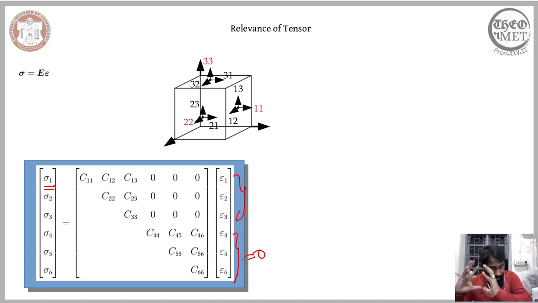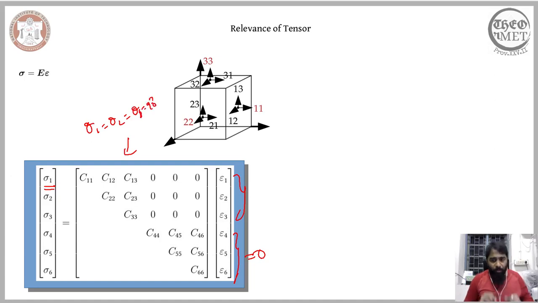If now I am talking about a crystal structure where all my crystallographic angles are 90 degrees, in that case my normal stress is going to ultimately give me normal strains. Of course, because of the Poisson's effect, I'm going to have 3 normal strains, but there is not going to be any shear components. So this representation talks about a crystal system wherein all the crystallographic angles are 90 degrees.